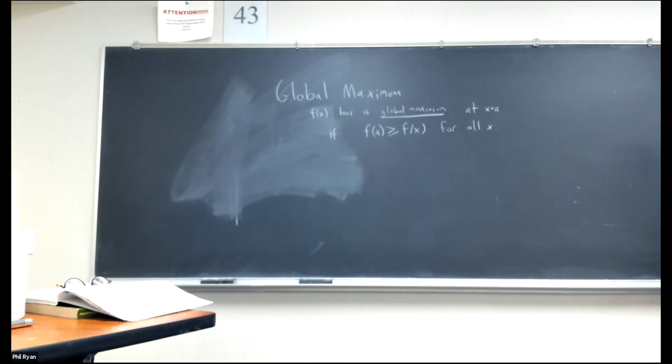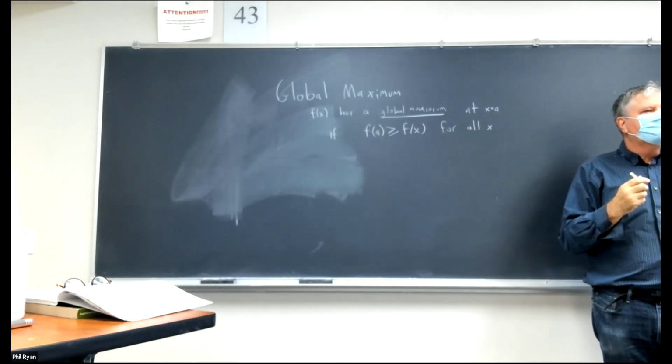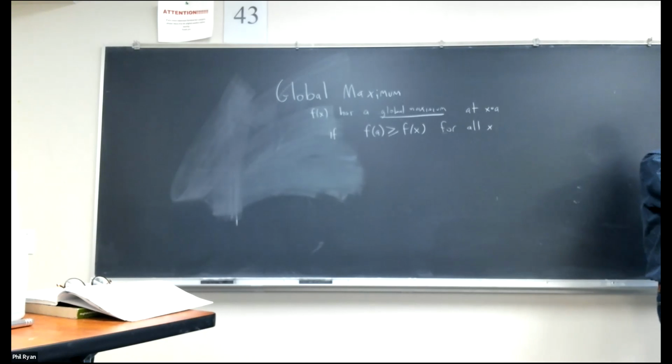Hopefully you can see the difference between global and local. Global means for all x, local means just for x near a, for some neighborhood.